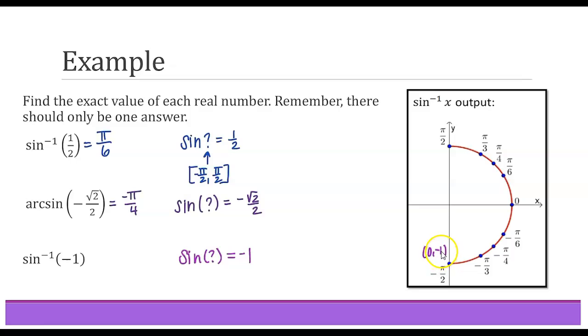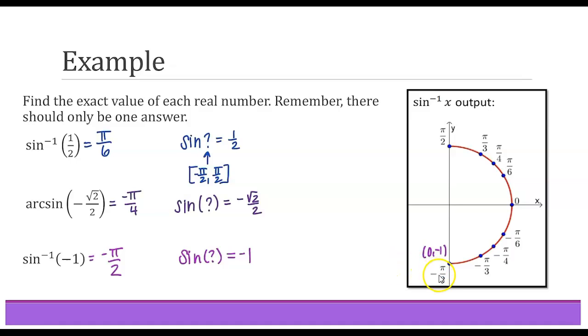So the y value, sine, is negative 1 down here at the angle negative pi over 2. And as a reminder, I cannot put 3 pi over 2. So I cannot use the positive angle, the coterminal angle. I have to use negative pi over 2.